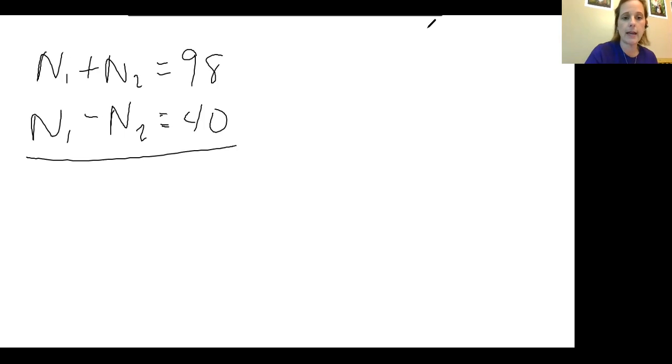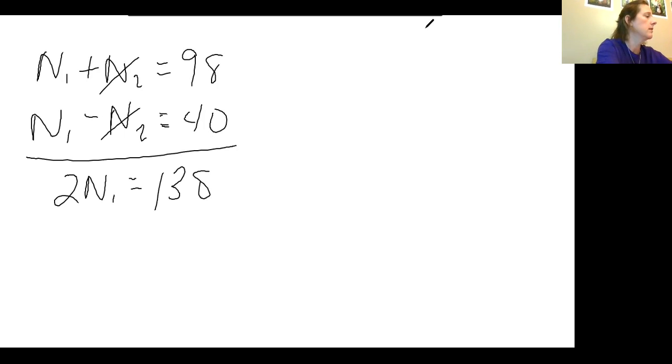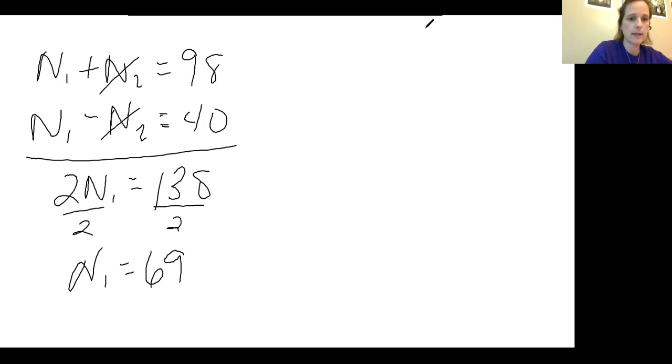So I'm just going to add these together because that's going to cancel out that second number. That's going to give me 2 of the first number equals, these cancel, 98 plus 40, 138. All right, so then I divide by 2, and n1 equals 69. So I can plug that into either one of those, right?